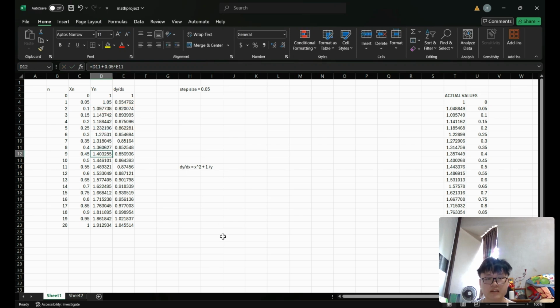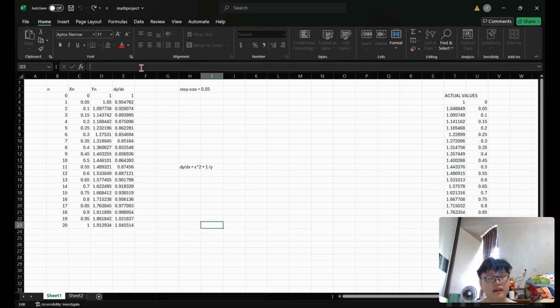Okay. And then lastly, for the approximation error, we have a value over here. This is our Euler's method value for y when x equals 1, and then this is our actual value.